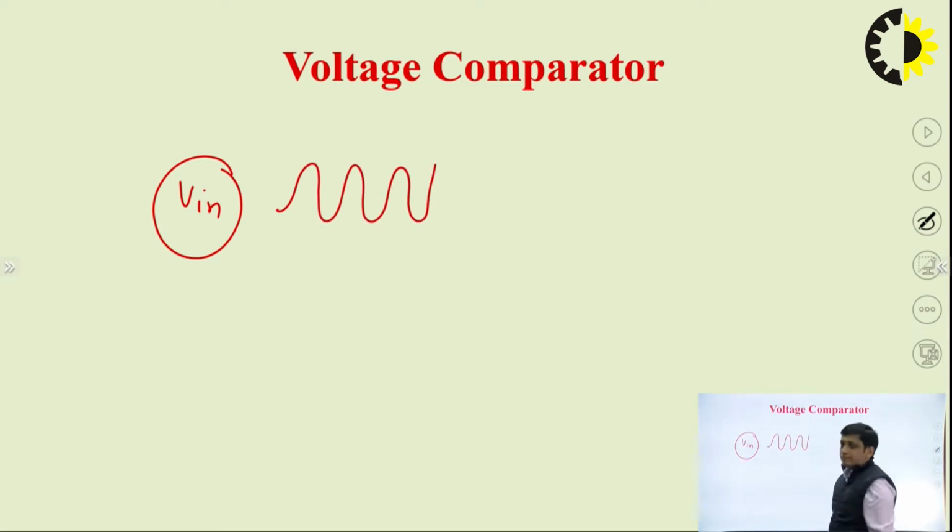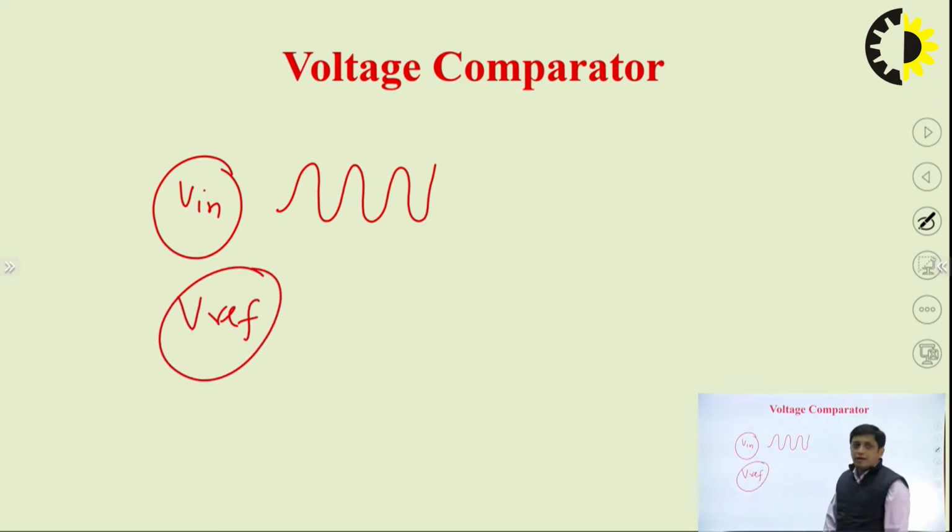So this sine wave input signal is applied at one of the input terminals, and another voltage with which this sine wave is to be compared is the DC reference voltage, called V reference.